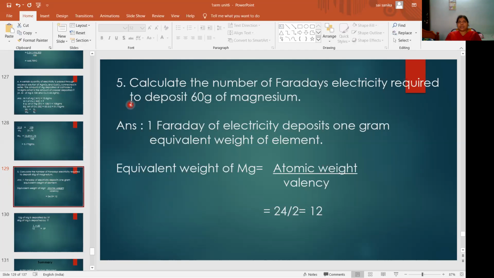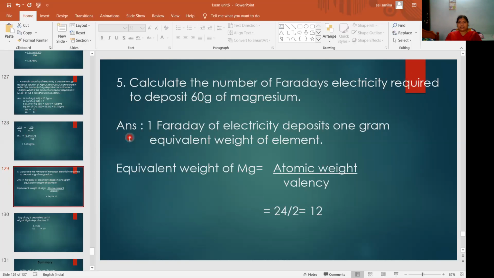So fifth question: calculate the number of Faradays of electricity required to deposit 60 grams of magnesium. To deposit this much magnesium, how many Faradays of electricity are required? He is asking.